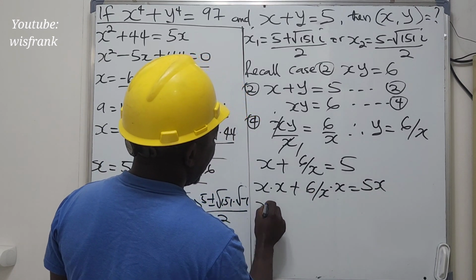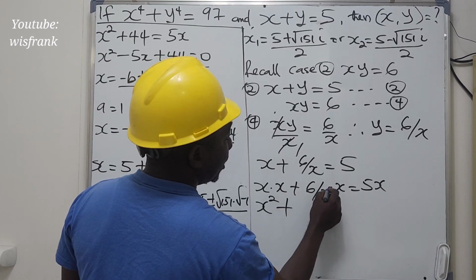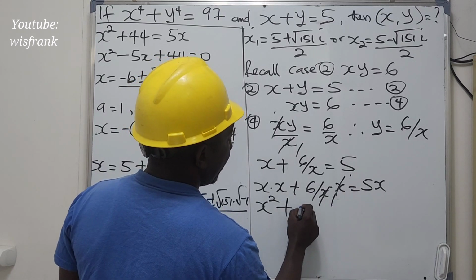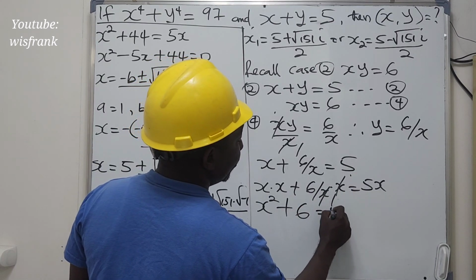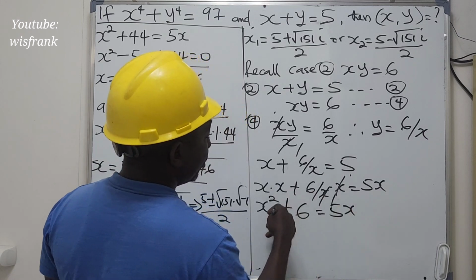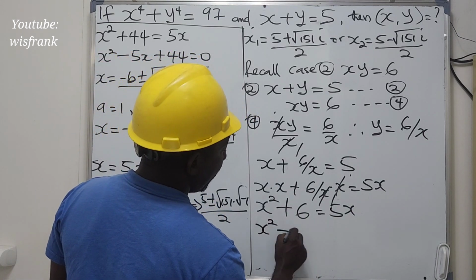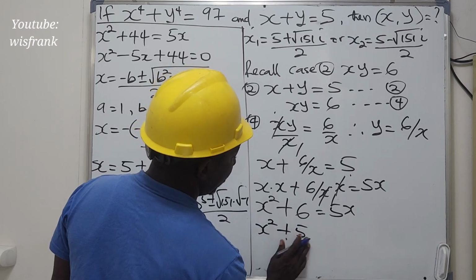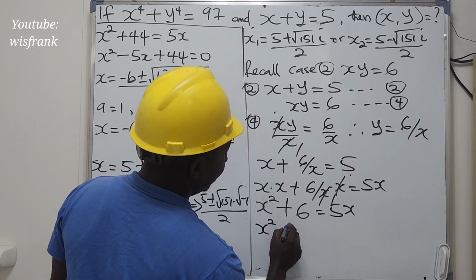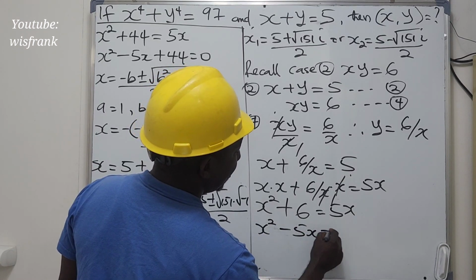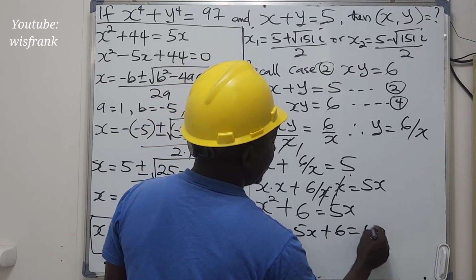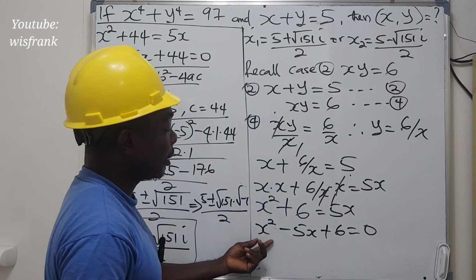So this will become x to the power of 2 plus 6, as x cancels here and x cancels here, equals 5x. This will transpose to the other side. We have x to the power of 2 minus 5x plus 6 equals 0. So here is a quadratic equation.